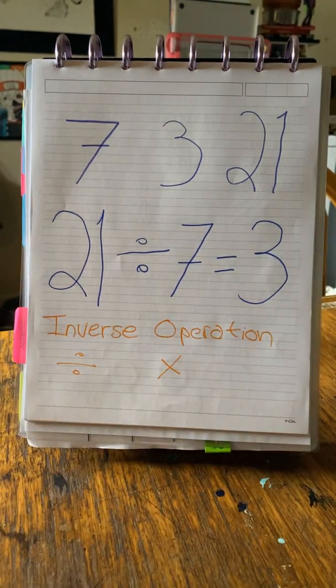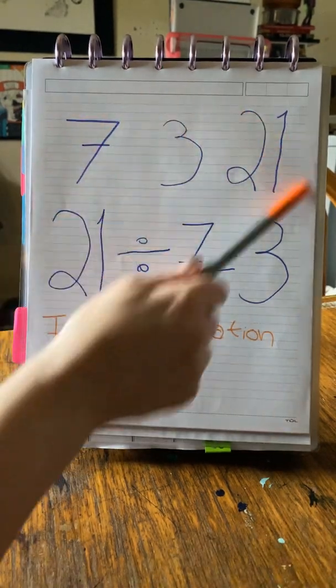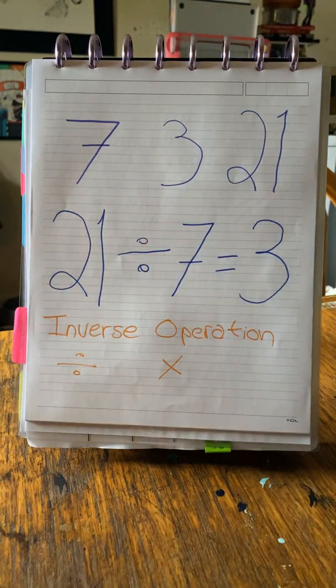The inverse operation of multiplication is division. So this shows itself really well in our fact families, where we can come up with 4 problems using these 3 numbers showing our inverse operation. So remember, inverse means opposite.